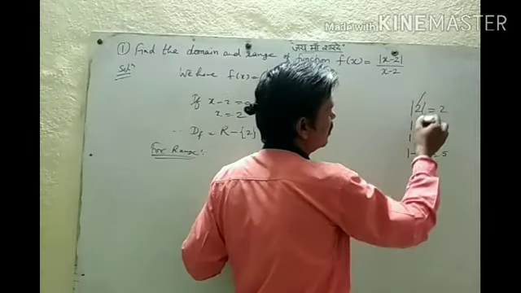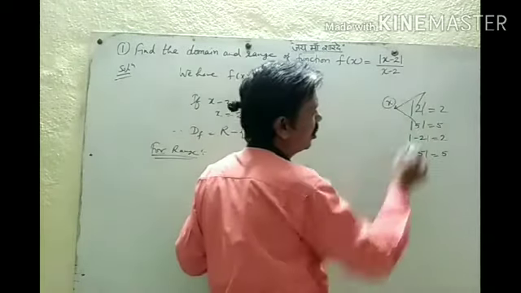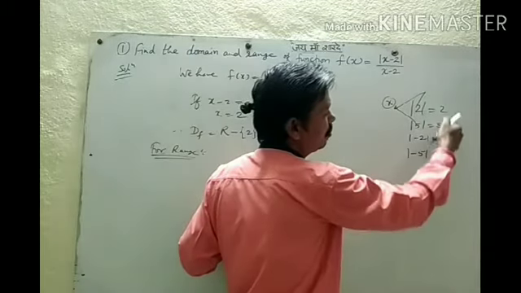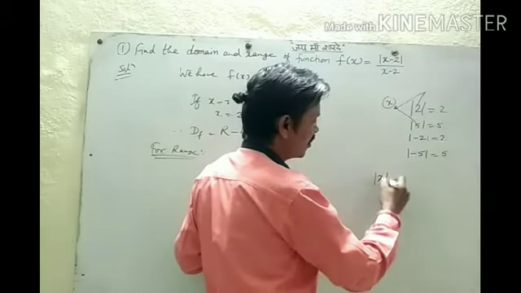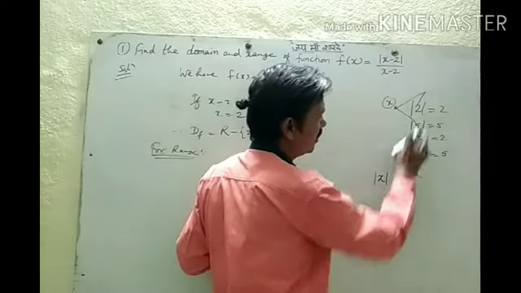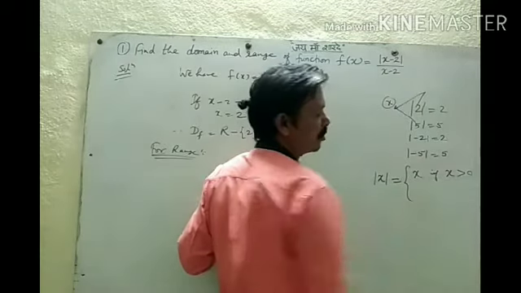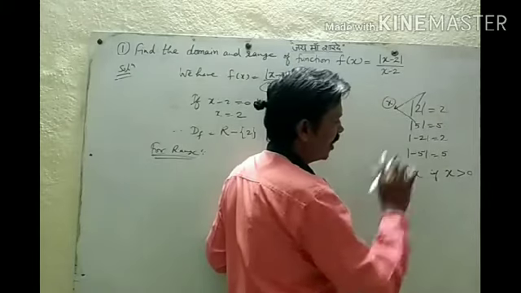Suppose this is x. If x is positive, then its absolute value is positive only. So mod of x we can say is x, the same value, when x is more than 0. When x is positive, mod of x is x.